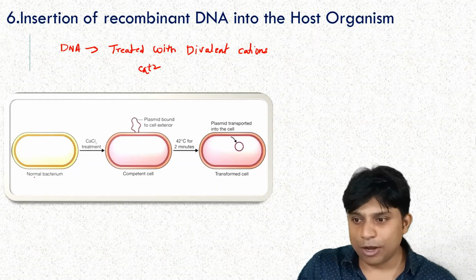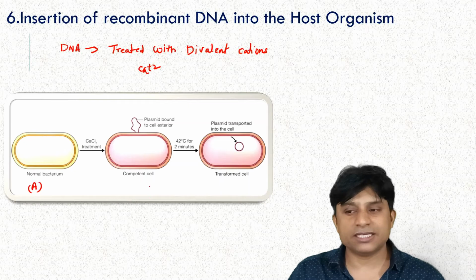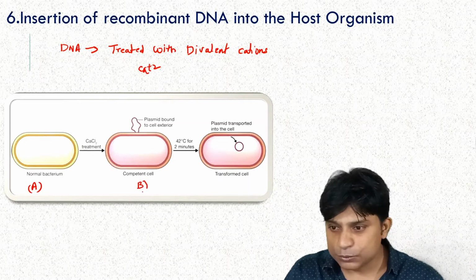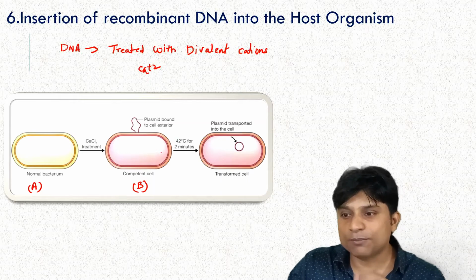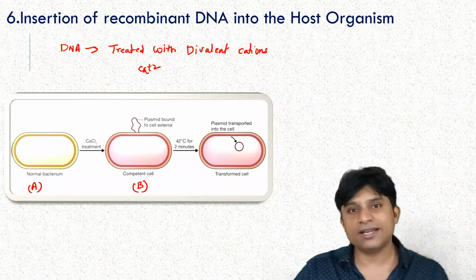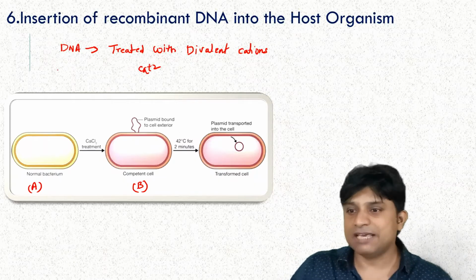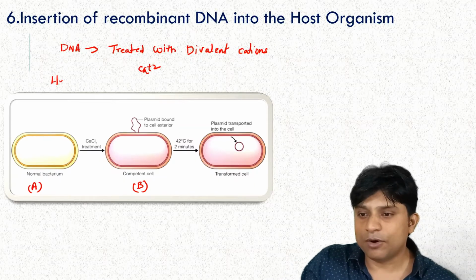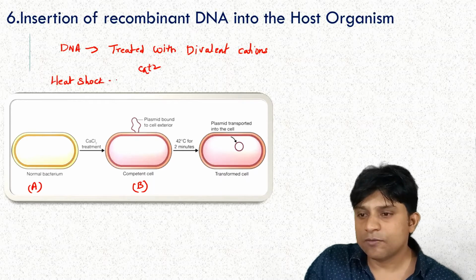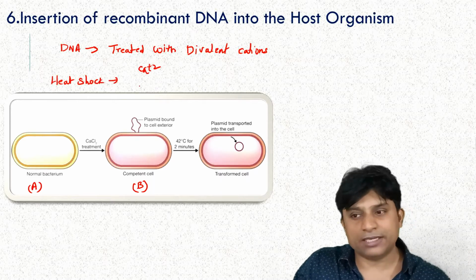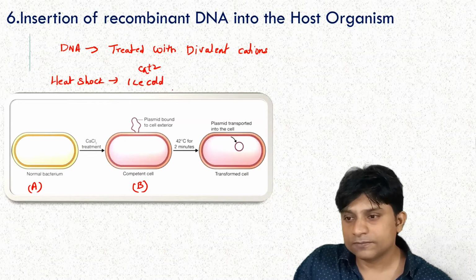So this is a normal bacterial cell. This normal bacterial cell, we are first making it competent. That means we are treating this with calcium chloride, that is calcium divalent cation. Then its membrane becomes permeable. Then it is given shock treatment, or we call it heat shock, where this competent bacteria is first placed in ice cold medium.